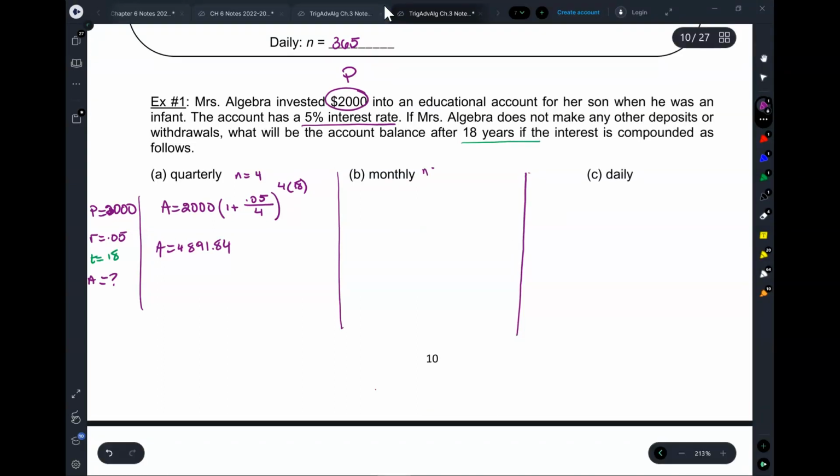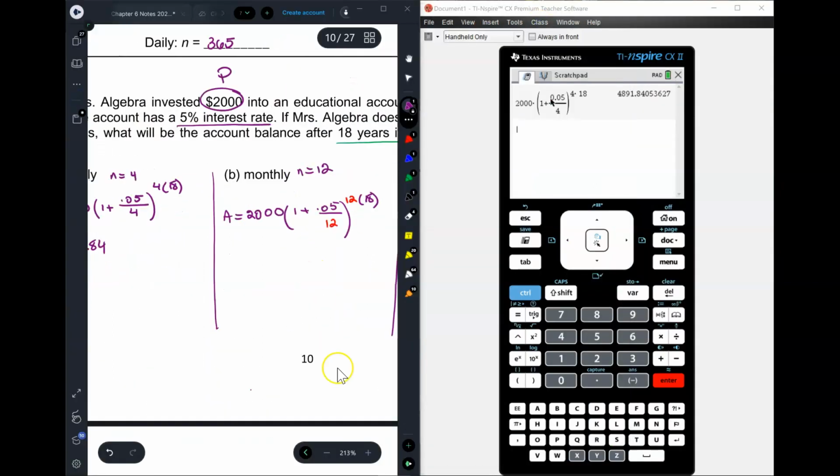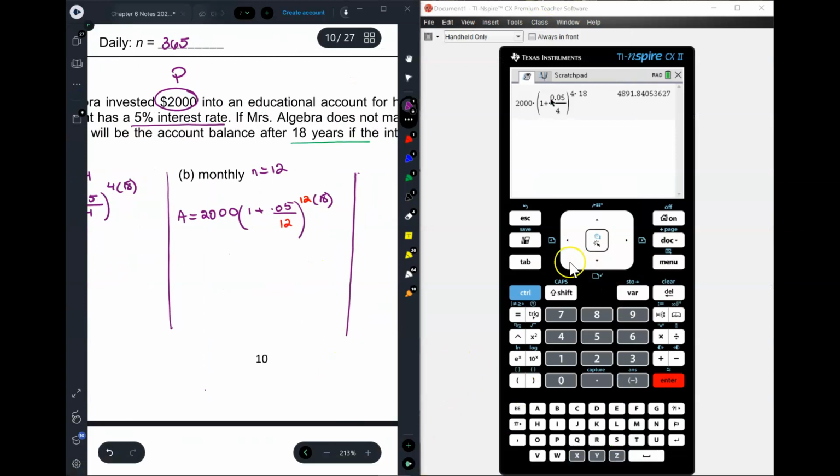Okay. Next one now says, what if it was monthly? So the only thing that changes here is N equals 12. So it's going to be A equals 2,000 times 1 plus 0.05 over 12 this time, to the power of 12 times 18. Now when you go in your calculator, please don't type the whole thing over again. Let me show you what to do.